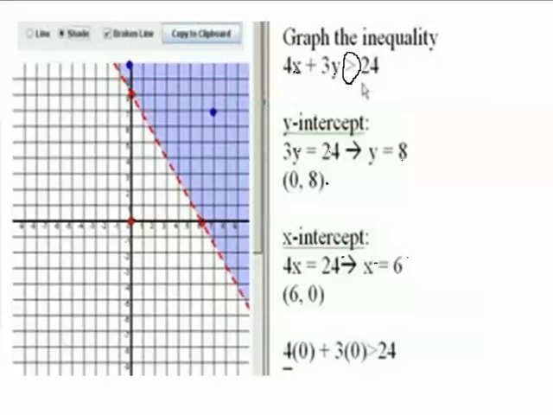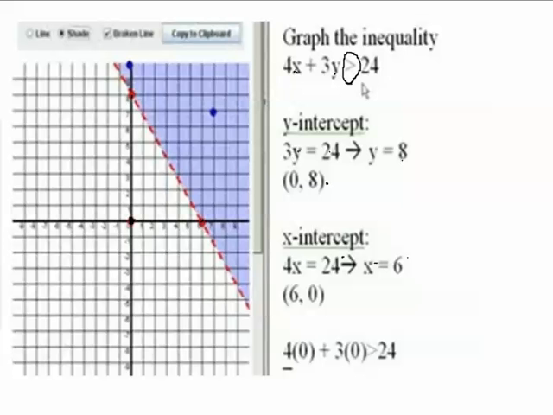Now the question becomes, which side do I get to break my crayon out and color? Well, I'm going to pick a point that's not on that line. Some point, it doesn't matter which point, not on that line. Let me show you. That point right there is not on that line, 0, 0.